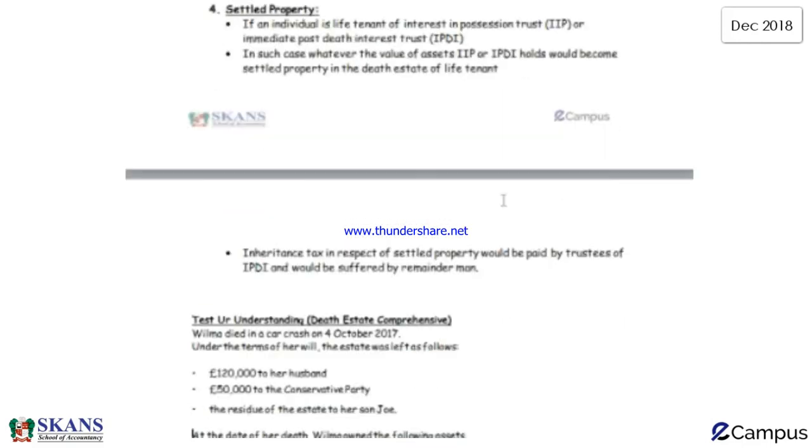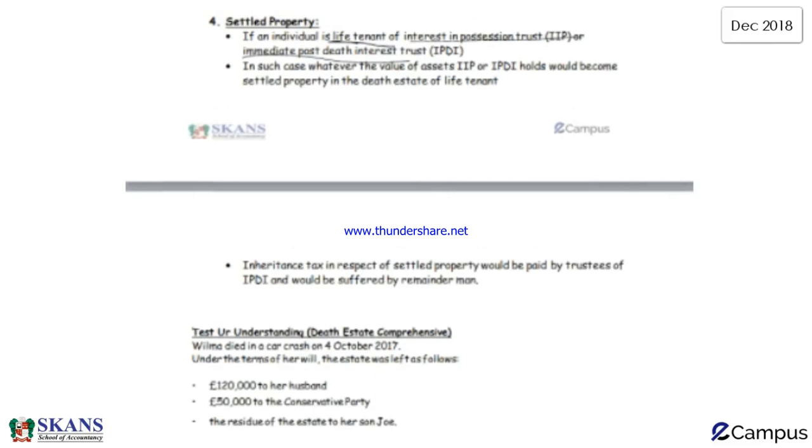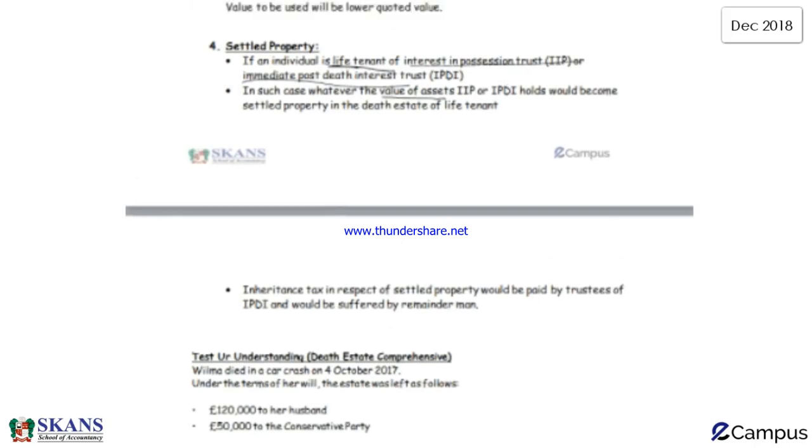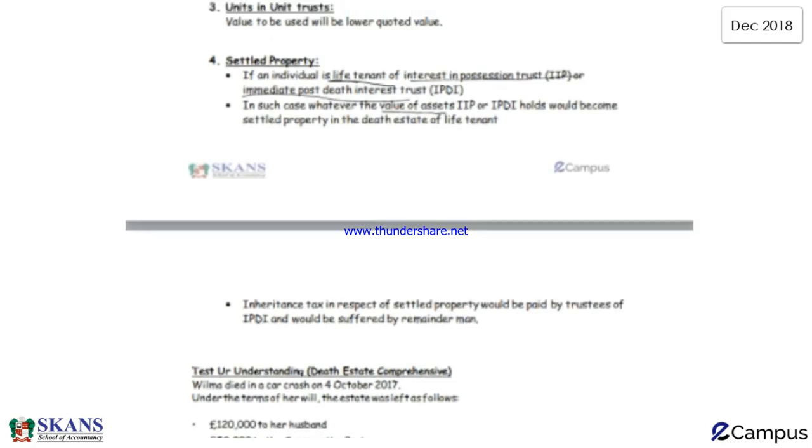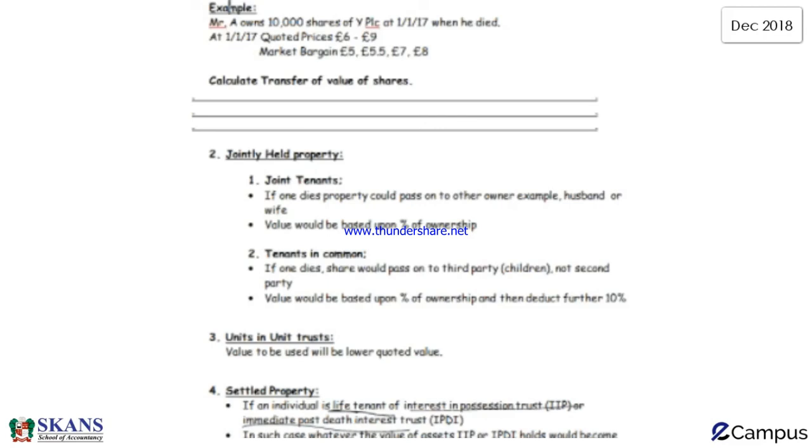Well, candidates, whenever you see that you are dealing with a client who is life tenant of either interest in possession trust or immediate post-death interest trust, make sure for such individual, we will try to find out what is the value of assets held in this trust. Whatever the value of these assets would be, we would be reporting that value in his or her death estate.